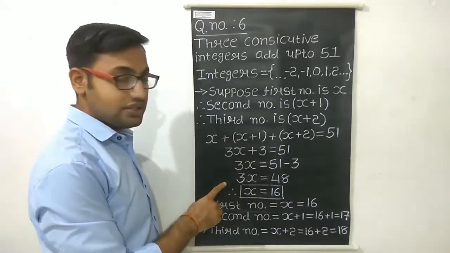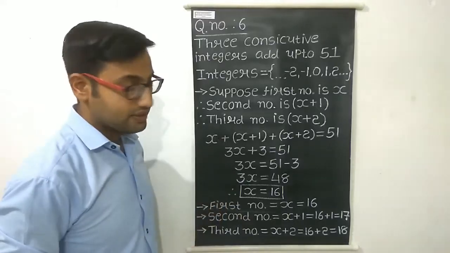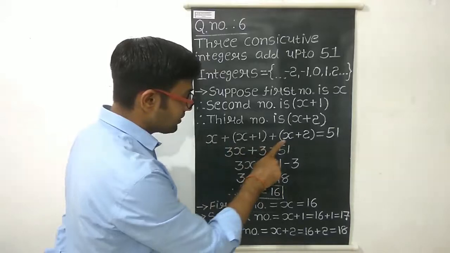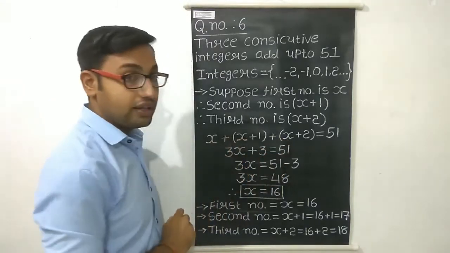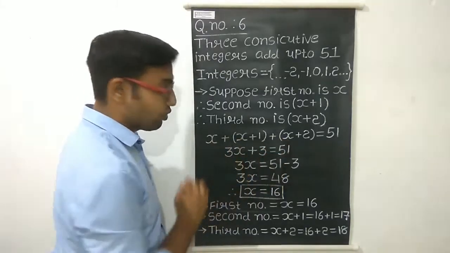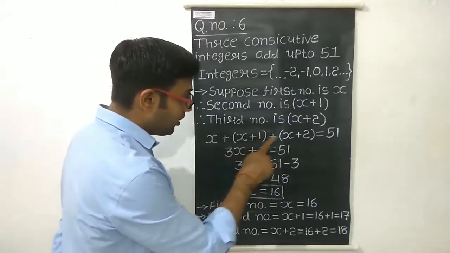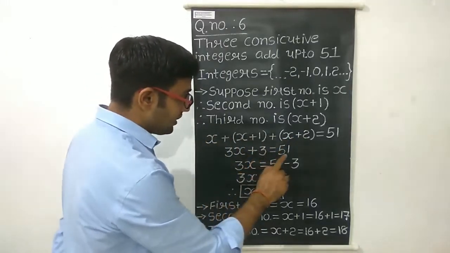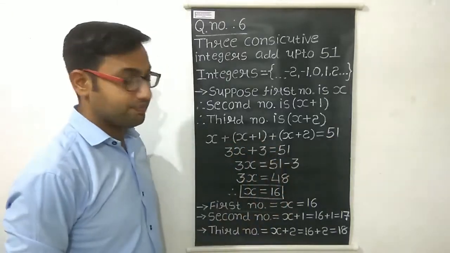Now we will simplify this and get the value of x. x plus x plus x is 3x. 1 plus 2 is equal to 3. So 3x plus 3 equals 51.